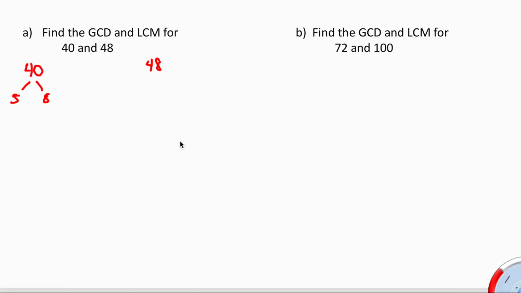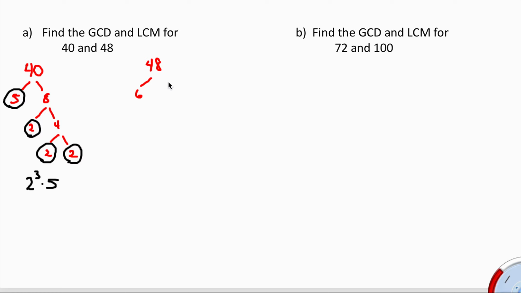Oh, I've already got a prime number here. 8 is 2 times 4. There's another prime. And 4 is 2 times 2. Okay. So that means all my primes, there are 3 2s and 1 5.